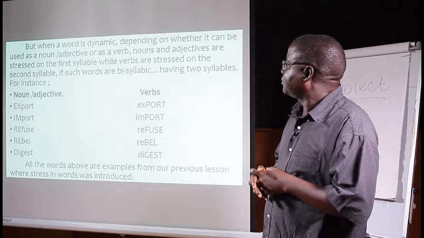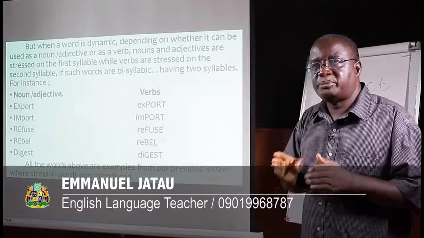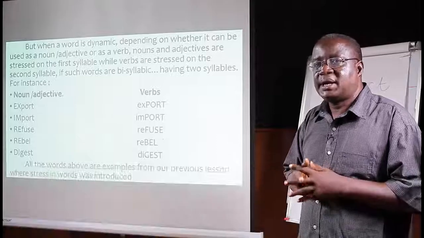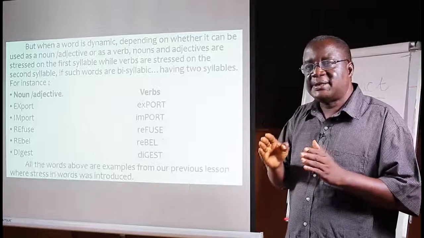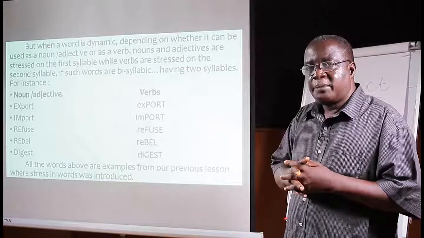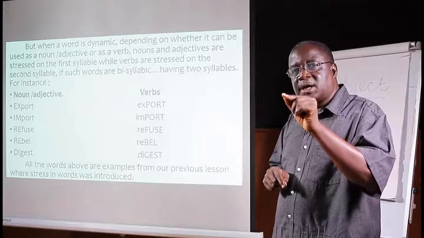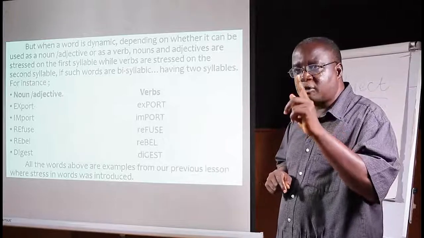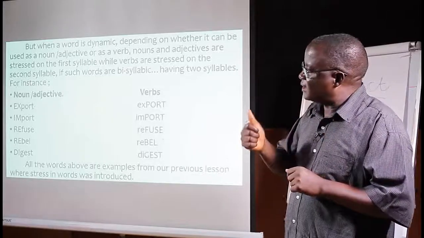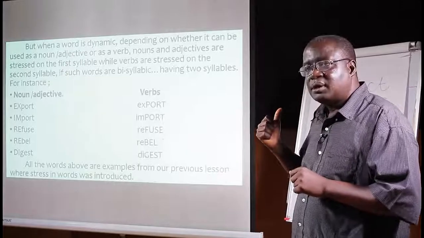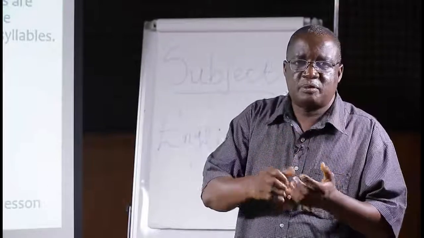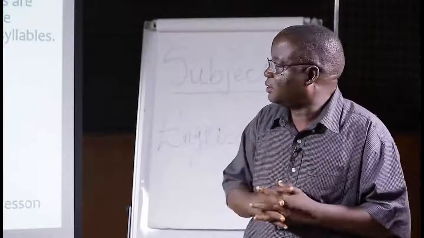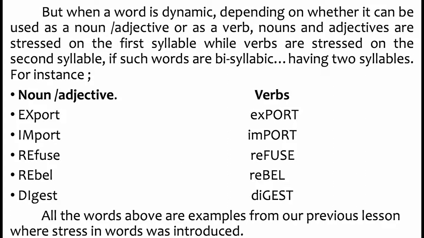Next, we said if a word is bisyllabic, meaning that it has 2 syllables, and if that word is dynamic, meaning that we will have the same spelling for nouns and adjectives and the same spelling for verbs. Nouns and adjectives are stressed on the first syllable while the verbs are stressed on the second syllable, as you can see from the examples on the board.